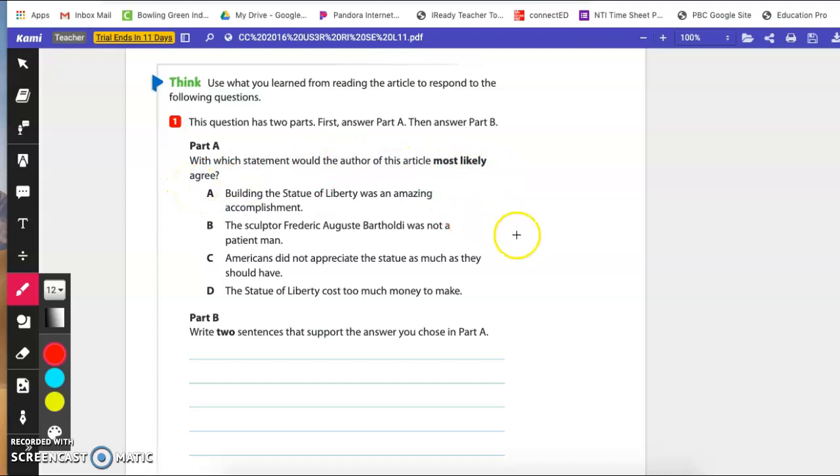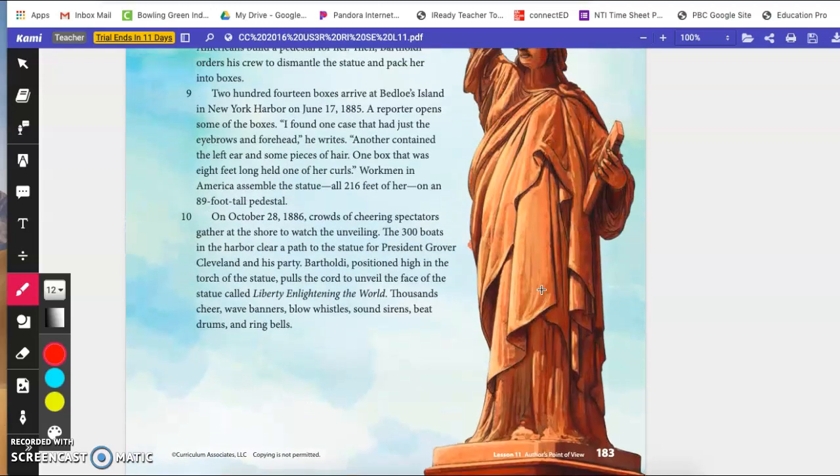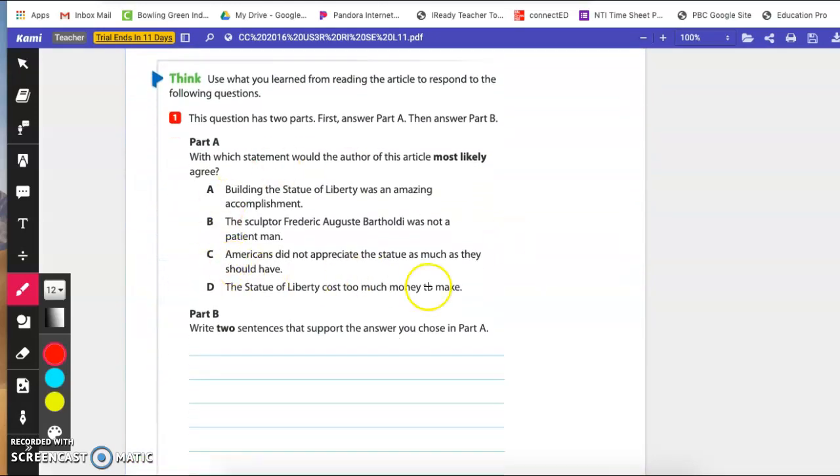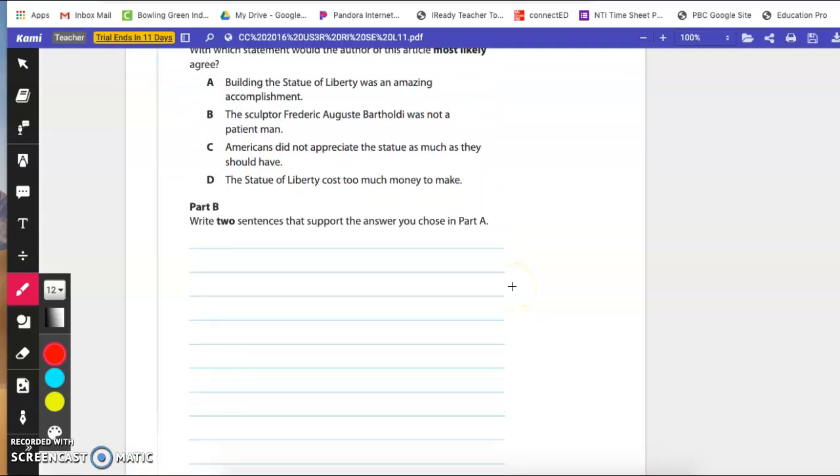So you need to go back and think about those key words telling the author's opinion of the Statue of Liberty or Frederick Augusta Bartholdi, or about Americans in the statue, or this comment about the Statue of Liberty. So you need to make sure you're looking through the article to try to figure out how the author feels and which one of these would be true.